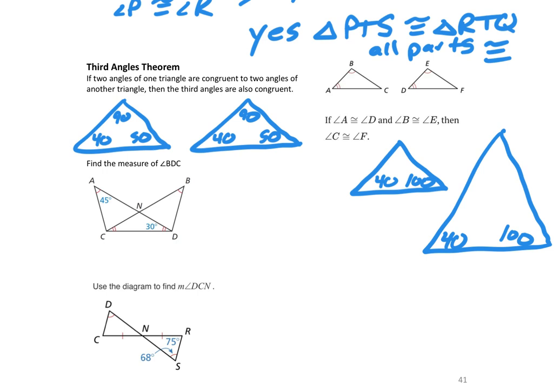If I tell you that these are 40 and 100, okay, what would the third angle have to be? 40, okay? Are these 2 triangles the same size? No, they don't have to be the same size, okay? When 2 triangles have the same angle measures, they do not have to be the same size, okay? So don't automatically think that means these triangles are congruent. They could be, but they don't have to be, okay? And so in this case, that would be the third angle theorem again, is that the third angle is congruent, but that doesn't necessarily mean the triangles are congruent.